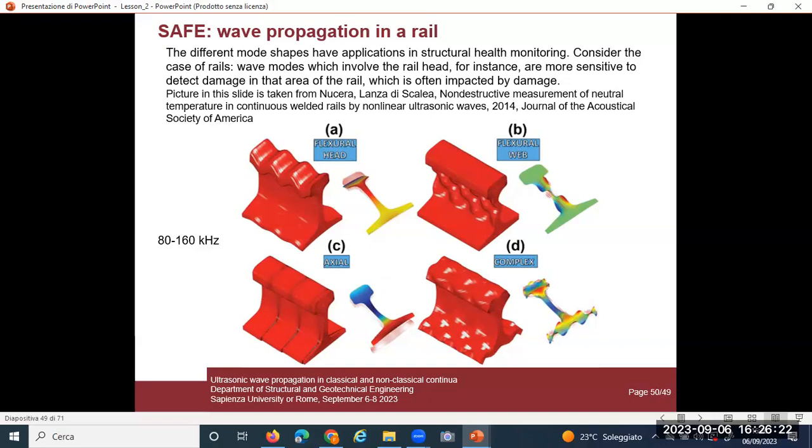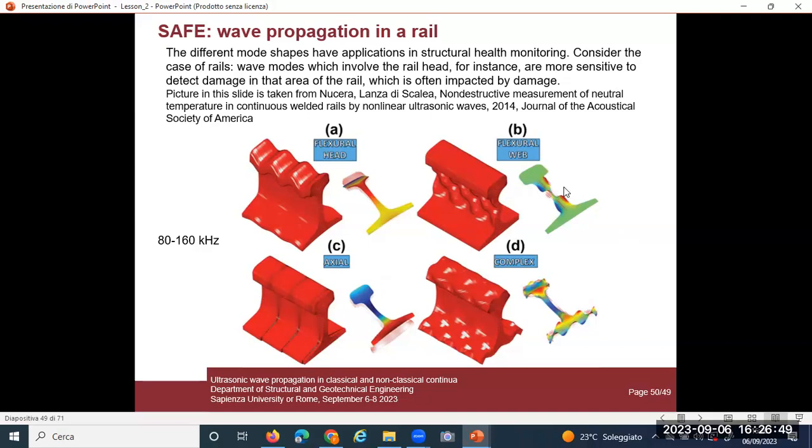And we will see also in the forced excitation how you are able to choose which mode to apply. For instance, this mode with displacement in the head is the mode which is most sensitive to damage in the head.